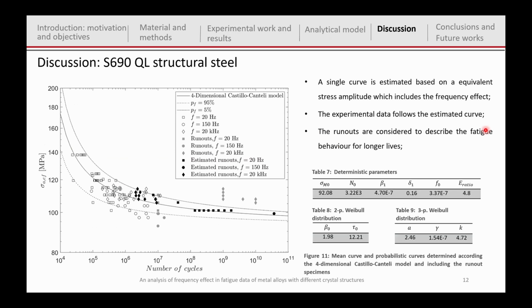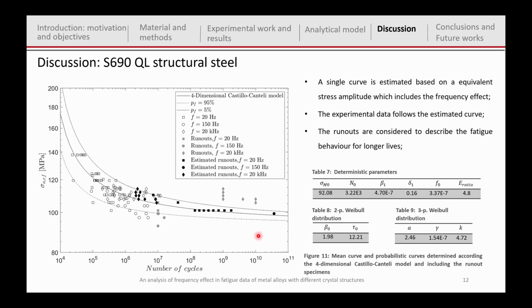You can see here the results that we obtain for the structural steel. Of course, now we have a different stress amplitude. It's an effective stress amplitude instead of the nominal stress. And you can see that this new parameter can describe very well the data from all the frequencies that we tested.